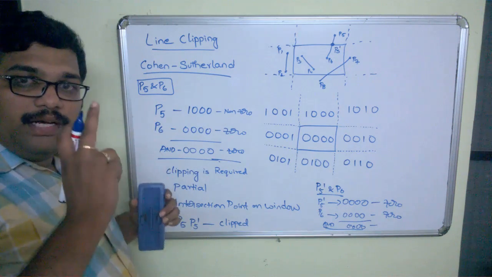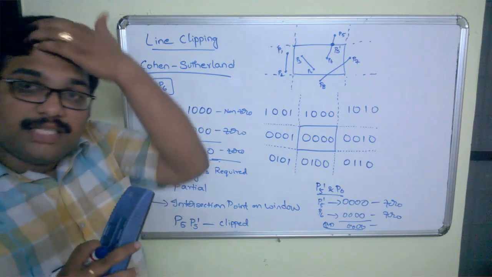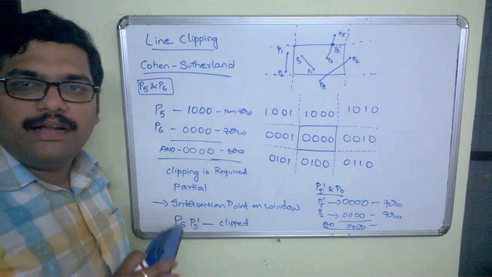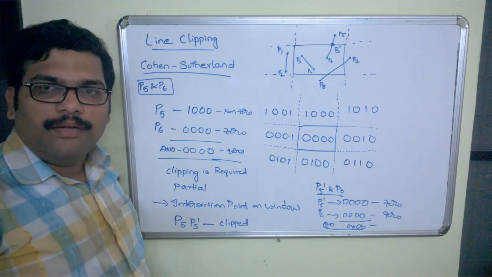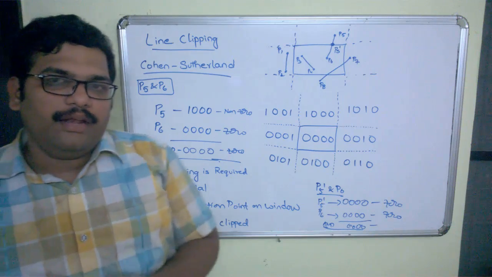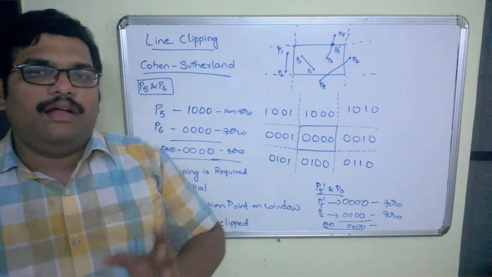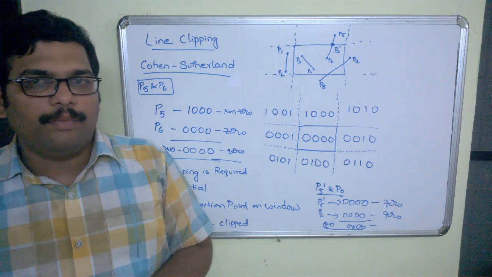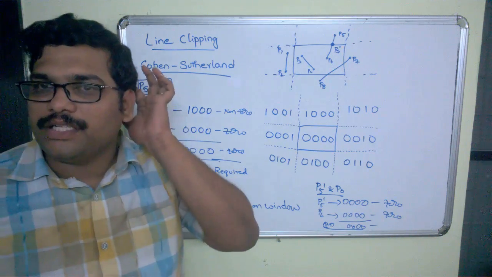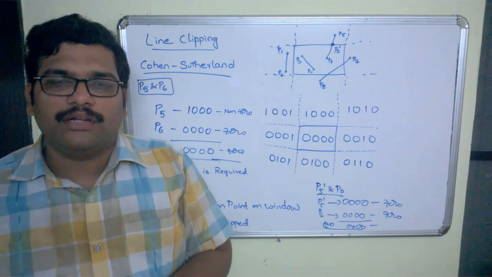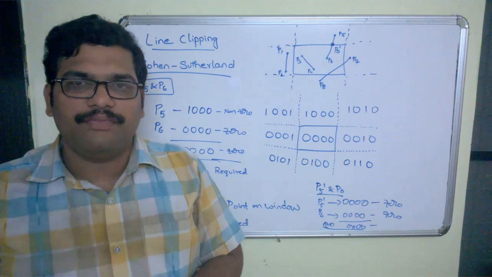So three cases: one is completely outside, another one is completely inside, and another case is partially inside and some portion is outside. So whatever it may be, consider the 2 end points of a line, find out the region codes for both the points and apply the AND operation. If both the points have 0 region codes, that implies the complete line is inside the window.